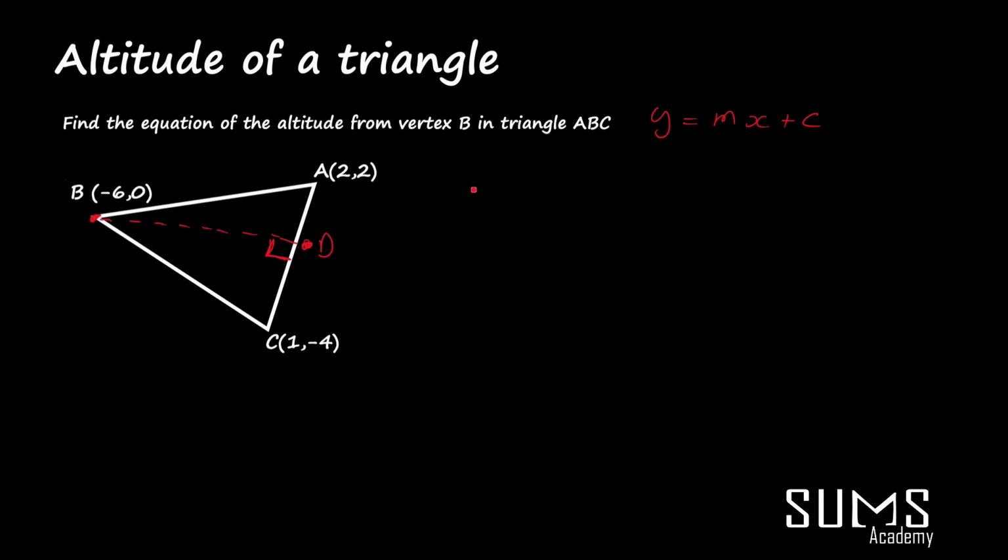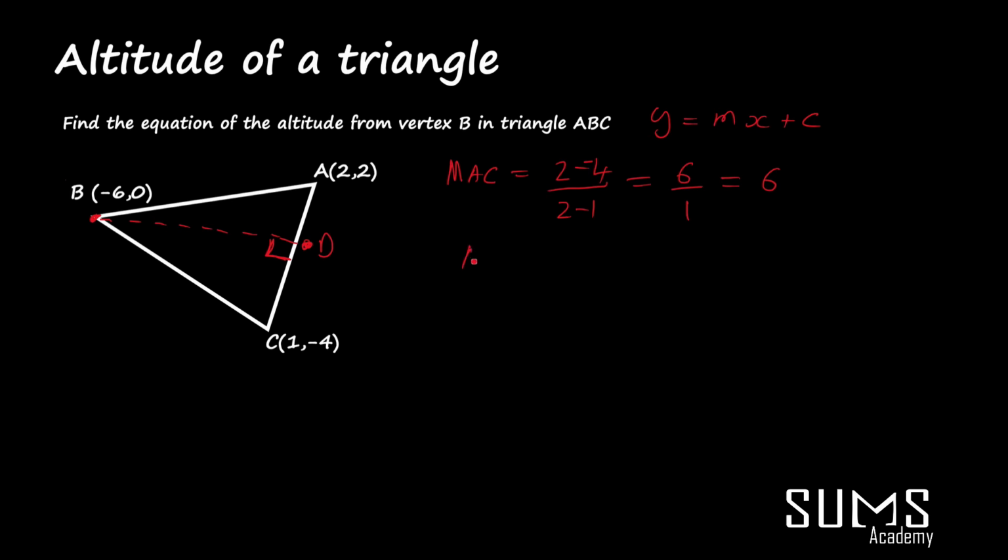So what is that? We know that this line AC is going to be perpendicular to this line BC. So we can use the relationship between perpendicular lines to work out the gradient. So here we go. M_AC equals 2 minus 4 all over 2 minus 1, which is equal to, 2 minus 4, my mistake, 6 over 1, which is just equal to 6.